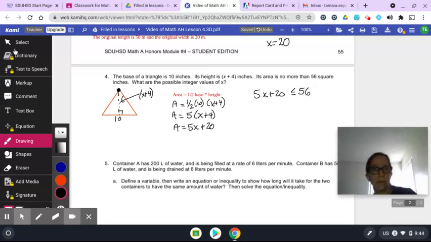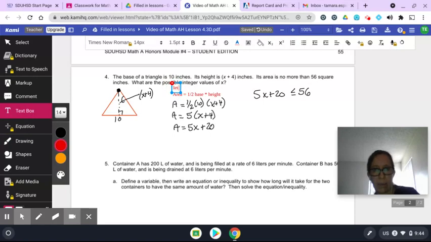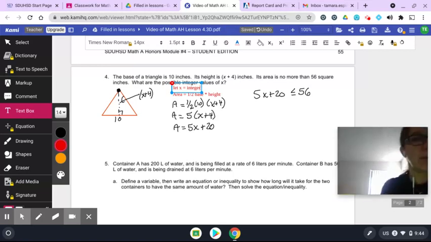I need to define my variable. Really, it's just an integer. Let x equal the integer they gave me. It has something to do with the height, but it's not an actual concept there. Okay, so now I am solving. That's already cleaned up, so let's solve it.